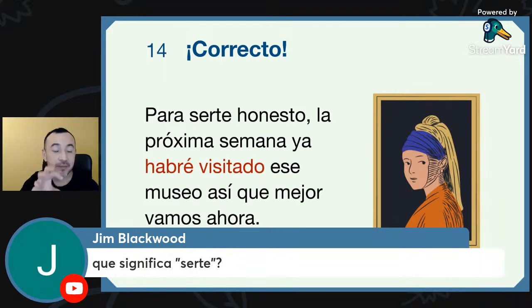So that te is the pronoun that is representing you. Voy a ir al supermercado, I'm going to go to the supermarket, para comprarte leche, to buy milk for you. So that te is just giving us that extra information that we're talking about you.